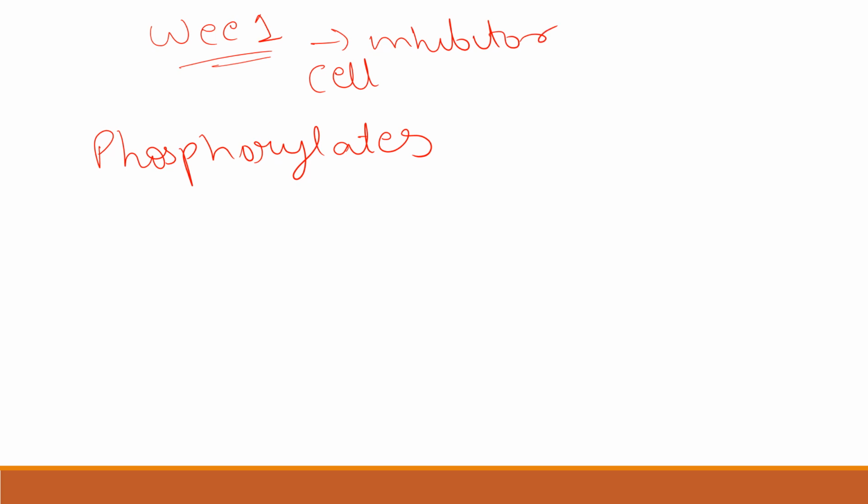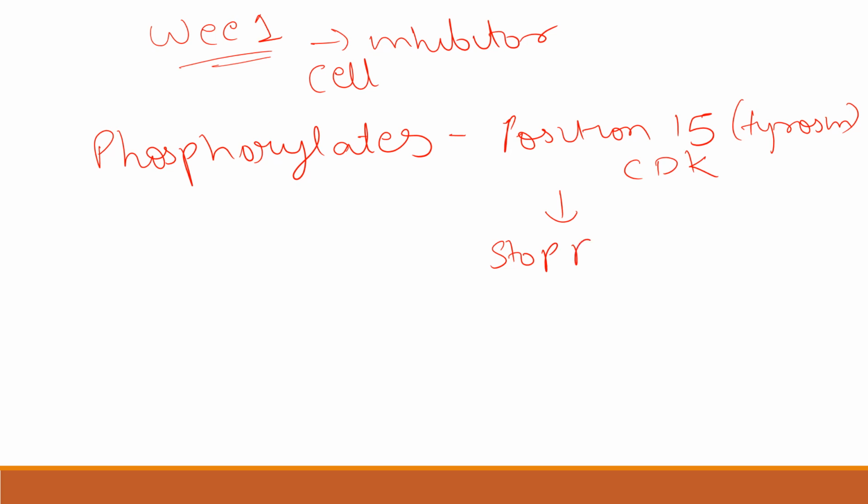Now what happens is that this Wee1 phosphorylates; it is mainly an inhibitor protein, right? It phosphorylates position 14 and position 15, that is a tyrosine position of CDK, that is cyclin dependent kinase, and this stops premature division of the cells, right?